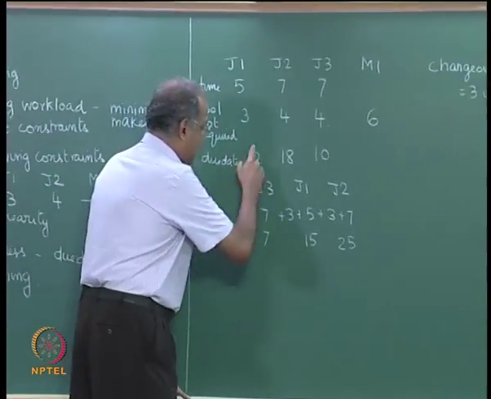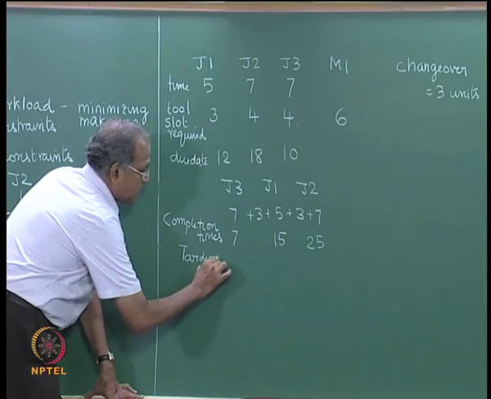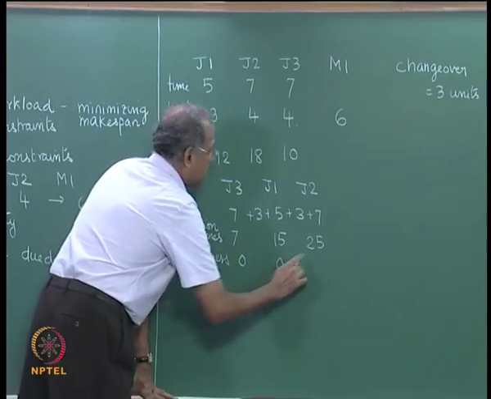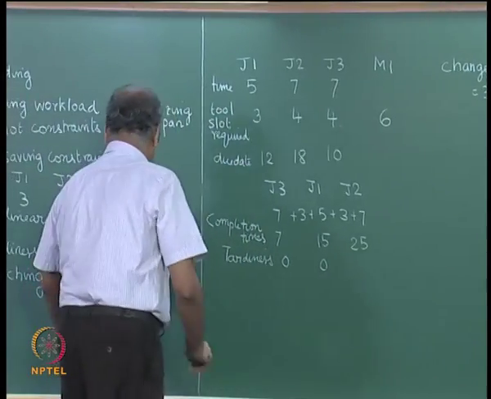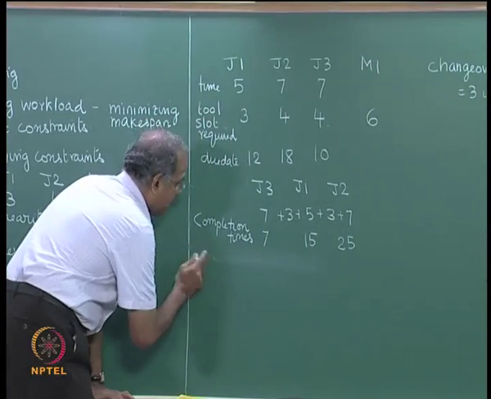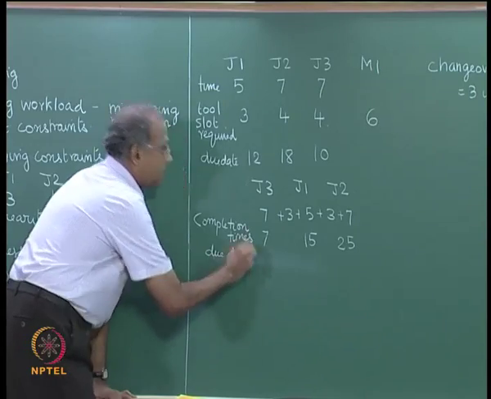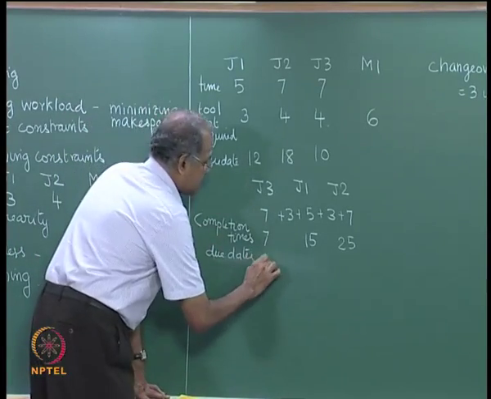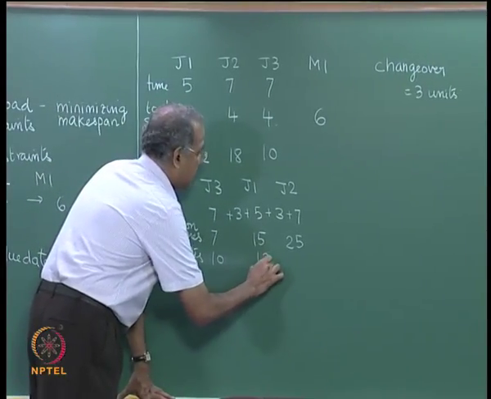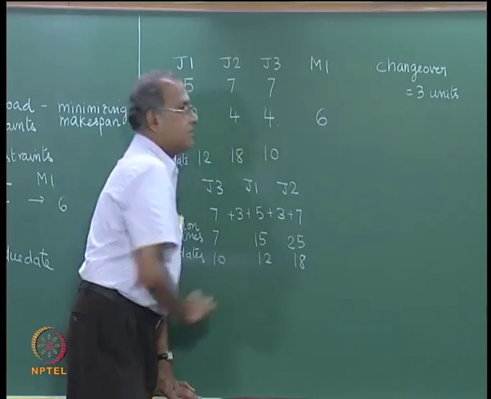So, now this is tardy. So, tardiness will be, sorry, the due dates are: due date for J3 is 10, due date for J1 is 12 and due date for J2 is 18.